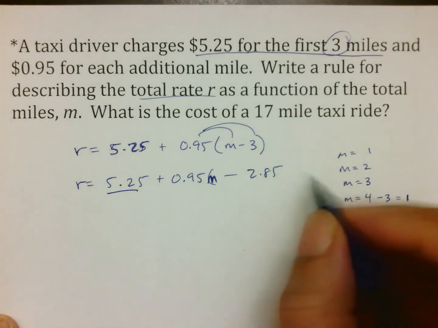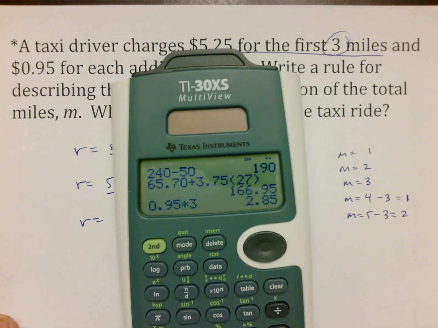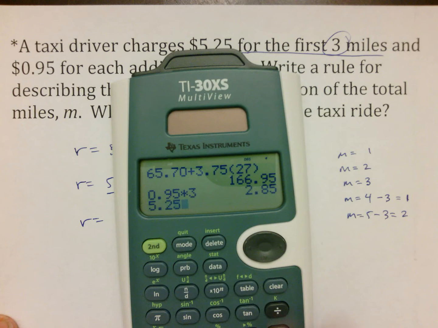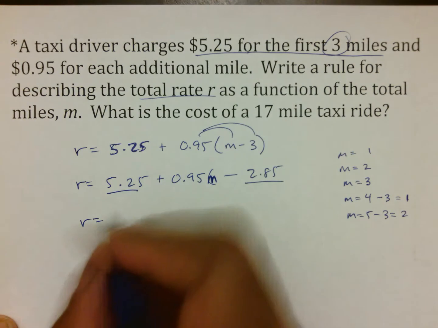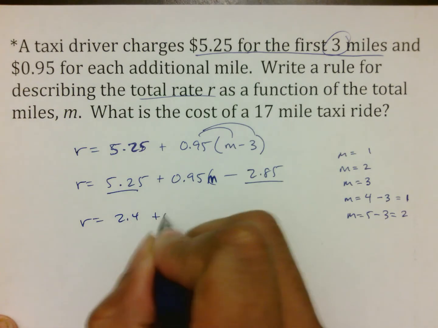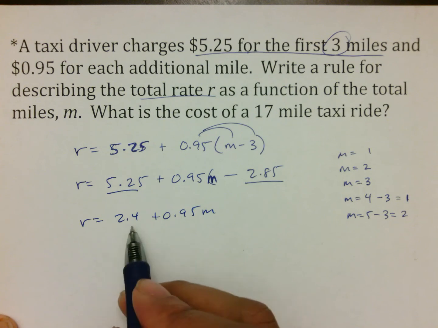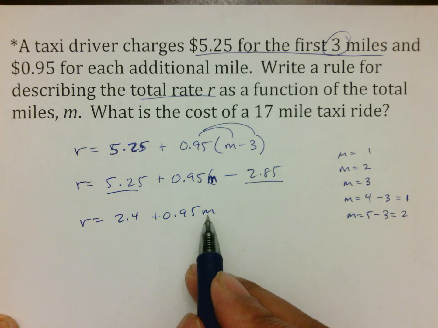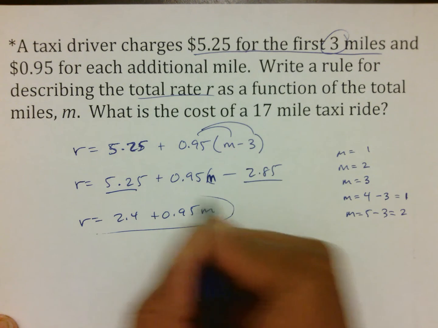Now we've got to take 5.25 and 2.85 and combine them, and that is 5.25 minus 2.85 to get 2.4. In other words, it's about $2.40 first when you get in there, and then they're charging you 95 cents a mile after that. So other than that, that is your simplified equation there.